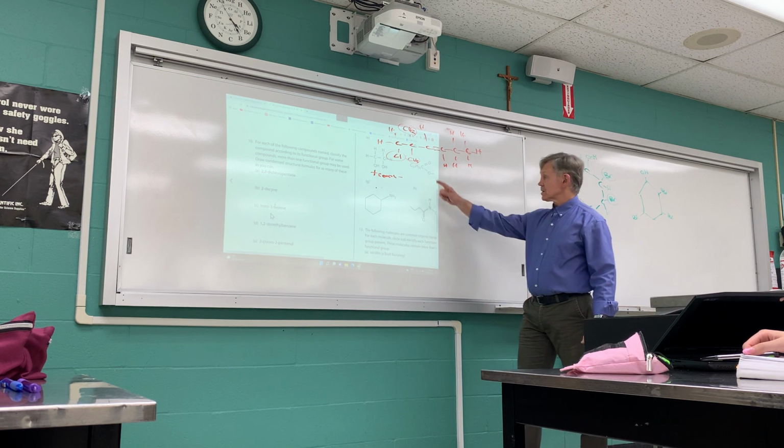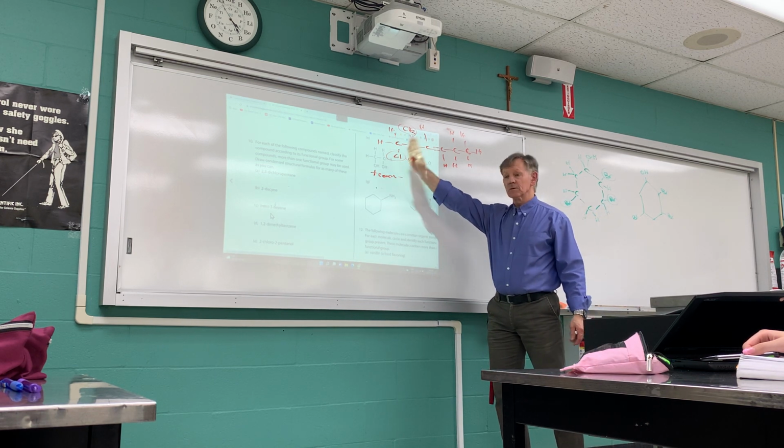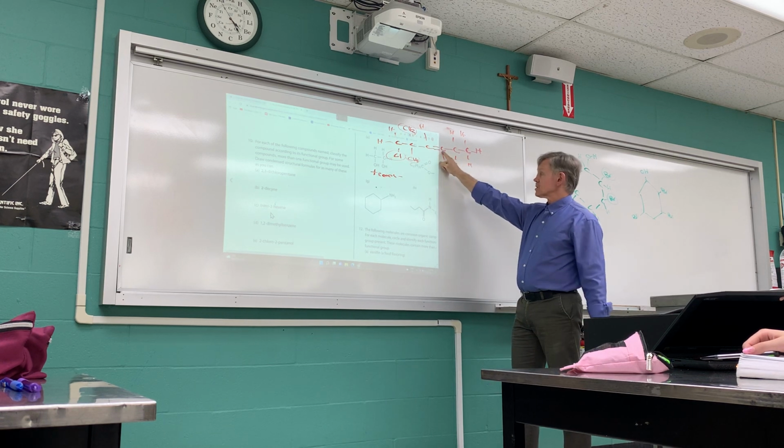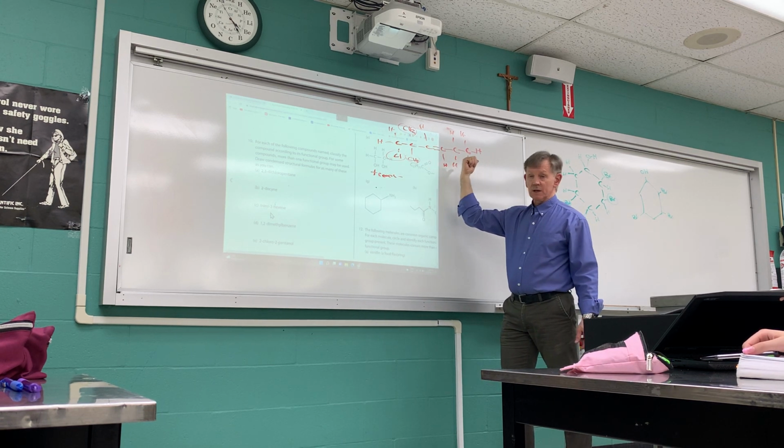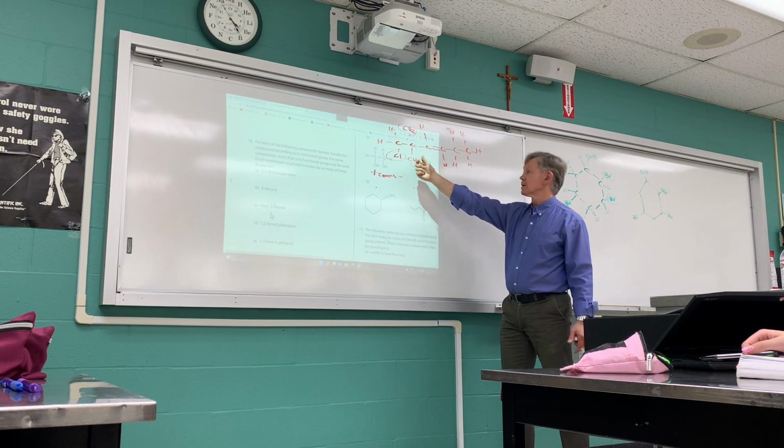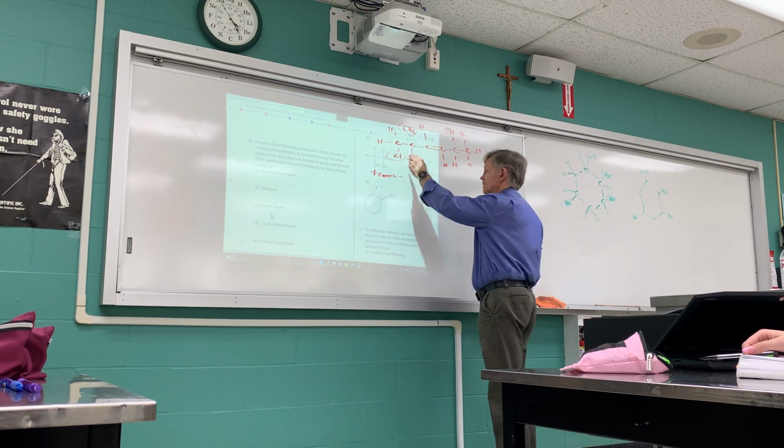But because the groups are down at this end, we have to number from left to right. As far as the position of the double bond, it's 3 either way, but because the groups are down here, this would be carbon 1.